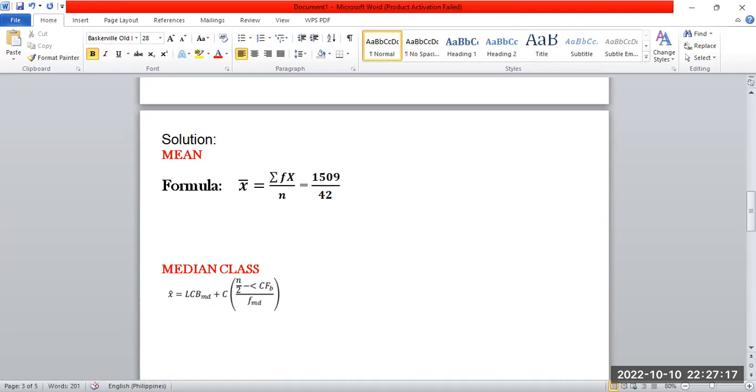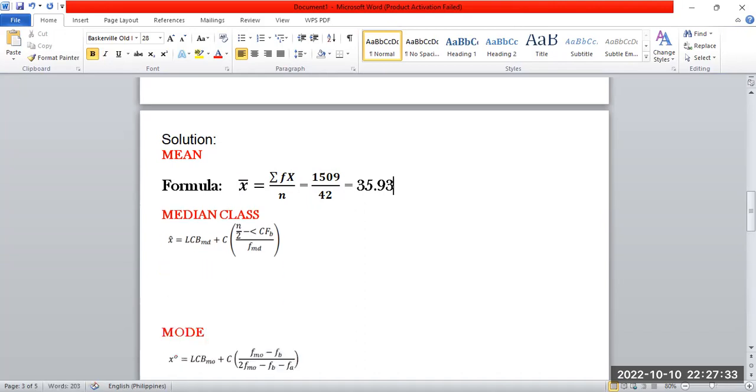Okay, so 1,509 divided by 42, that is equal to 35.93, 2 decimal places. Okay, so this is our mean.